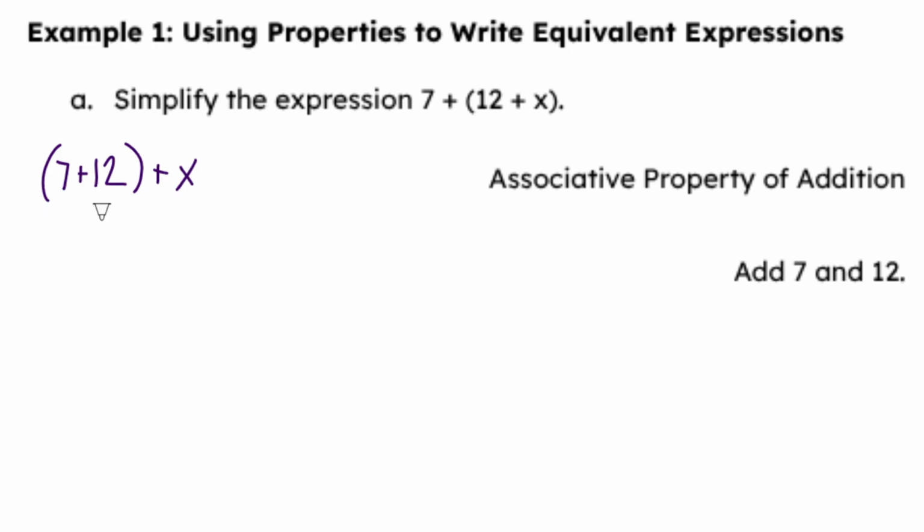So I'm going to add 7 and 12, which is 19, plus x. And I did not do a great job writing that x, I apologize. So 19 plus x. And that is my expression. I am done. I don't know what x is, so I'm not doing anything else.